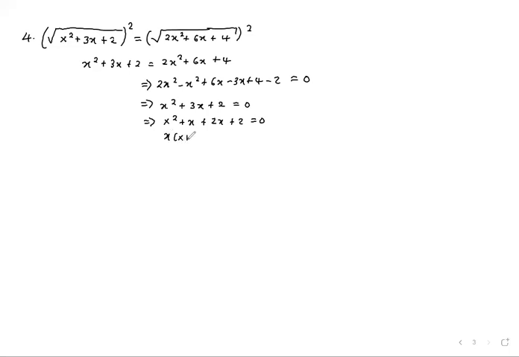So x plus 1, x plus 1. So we have x plus 1 and x plus 2, giving us 0. X is -1 or x is -2. If you test, they will both satisfy the equations, because they're the values of x that we have obtained here.